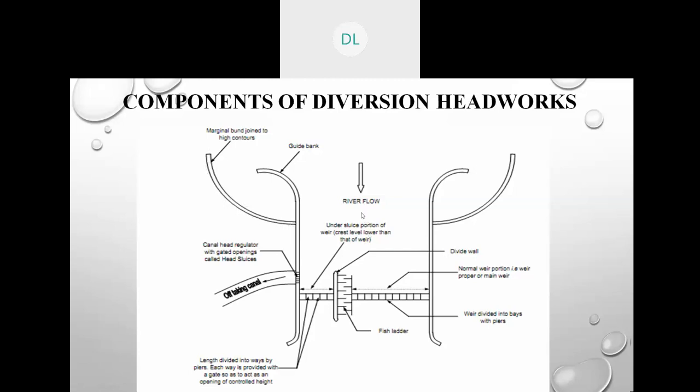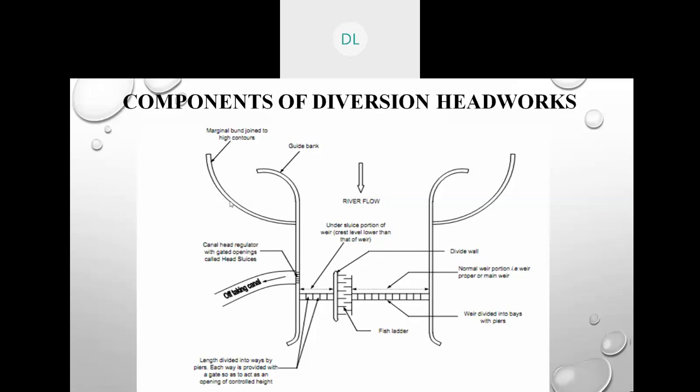Here the contour levels are increasing. This is the bottommost portion of the river valley, and the level increases up to the height of this weir. So if the RL of the top of this weir is 40, then the RL of this marginal bund here is also 40. Are you getting it?